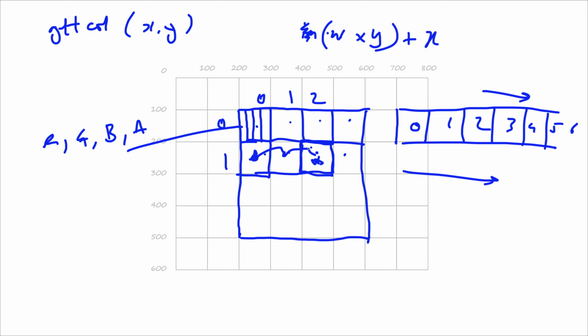But within that, we need to pick out the red, green, blue, or alpha. So we multiply all that by 4, because there are 4 of these. And then that will be the red. If we added 1, that'll be the green.